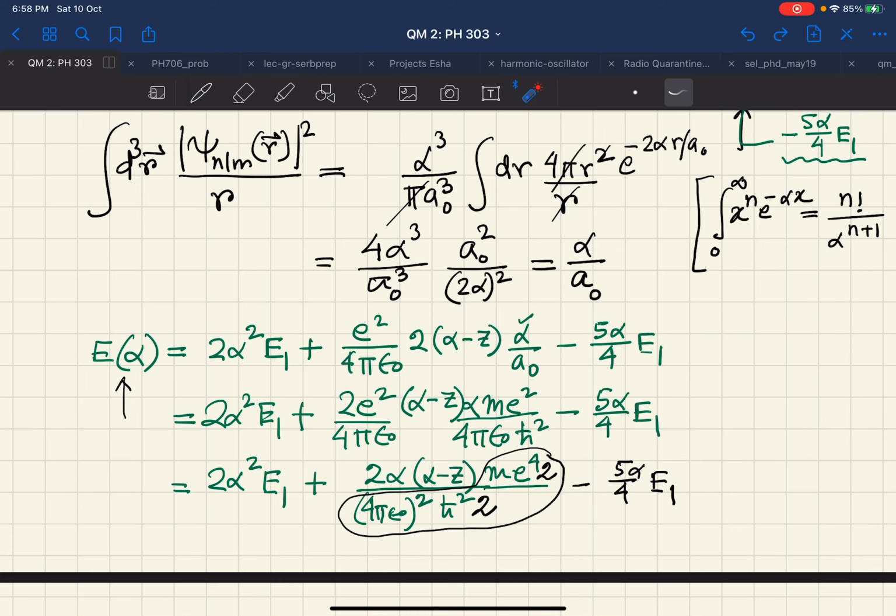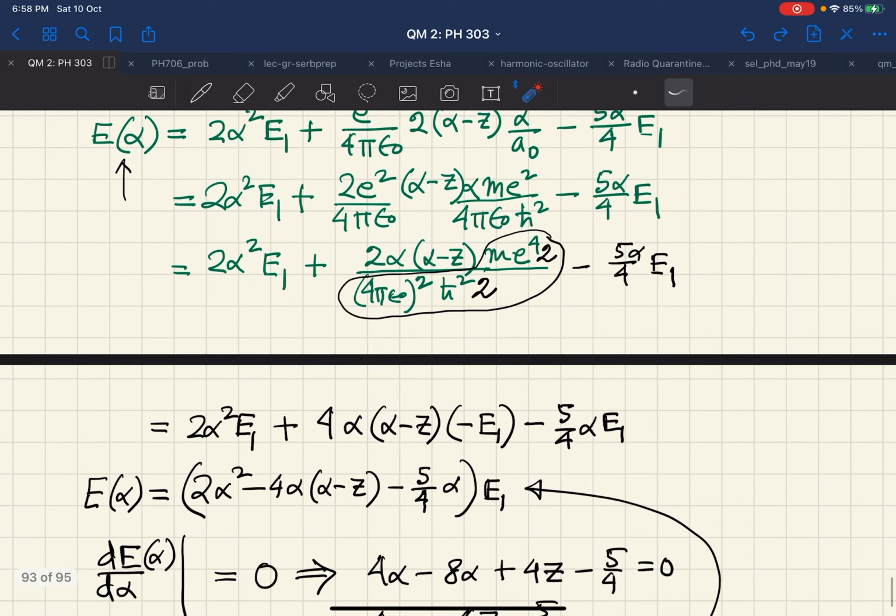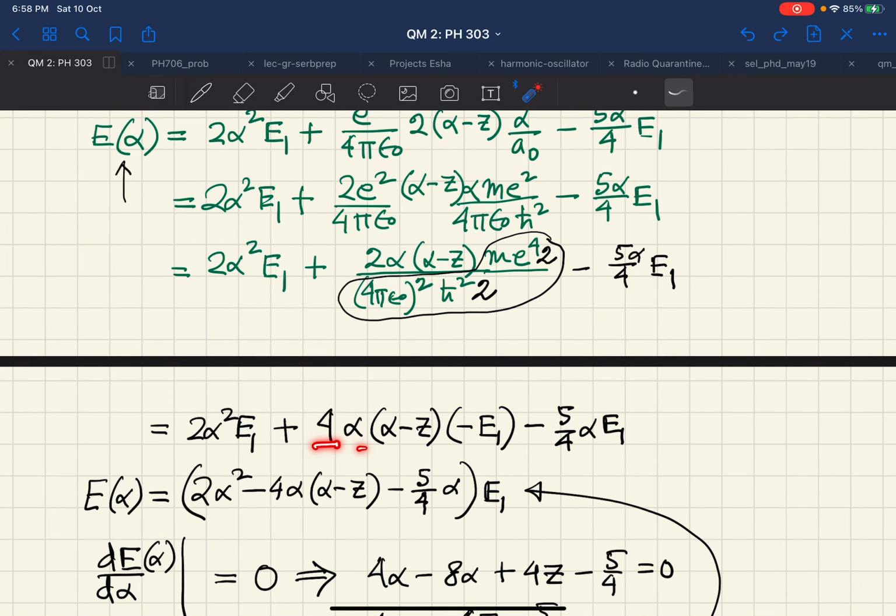Remember, a0 was 4 pi epsilon naught h bar square by m e square. If we note very carefully, we will see that this term is basically the ground state energy E1 of the hydrogen atom with a minus sign. So this will give us 2 into 2, that is 4 alpha into alpha minus z into minus E1. So overall, I will have this expression for E alpha, or the expectation value of the energy. But remember, this alpha was the variational parameter.